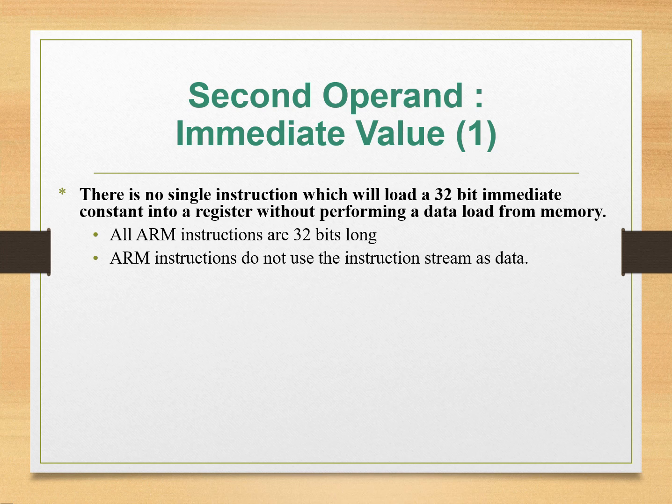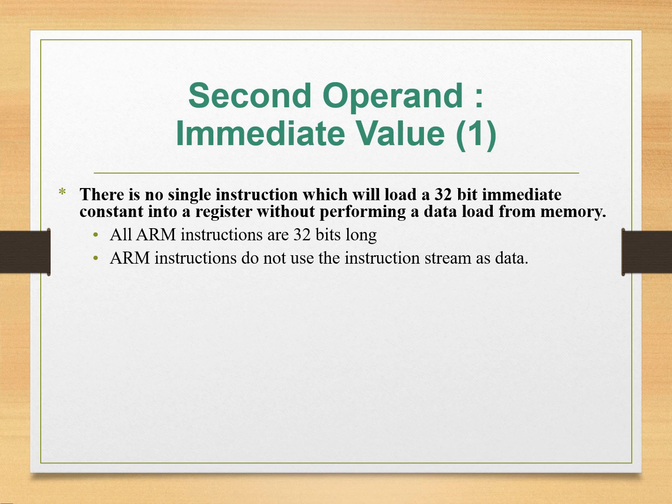So it is not possible to load a 32-bit immediate constant into a register without performing a data load from memory. So the other option is to load it from memory.